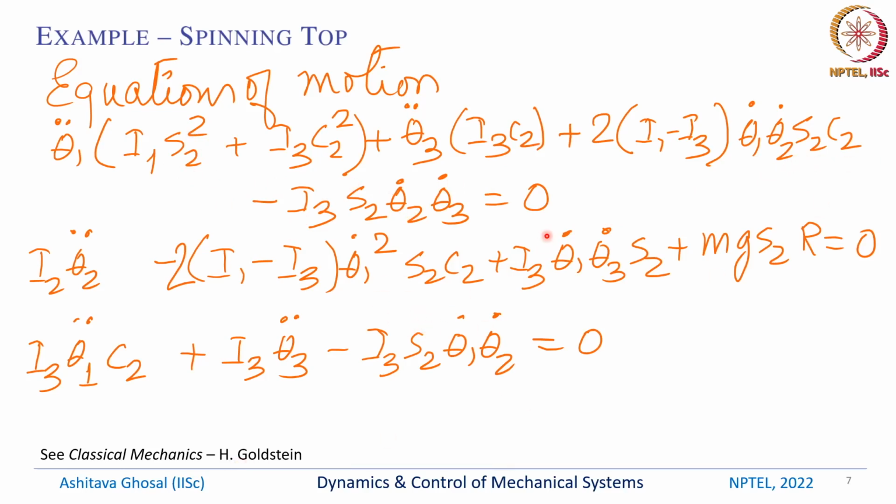This is one example which has been looked at by many researchers in the past, physicists and mechanics people, and it turns out this is one of the very few examples which can be solved. We will discuss what we mean by solved, but we can solve this set of three nonlinear ordinary differential equations.